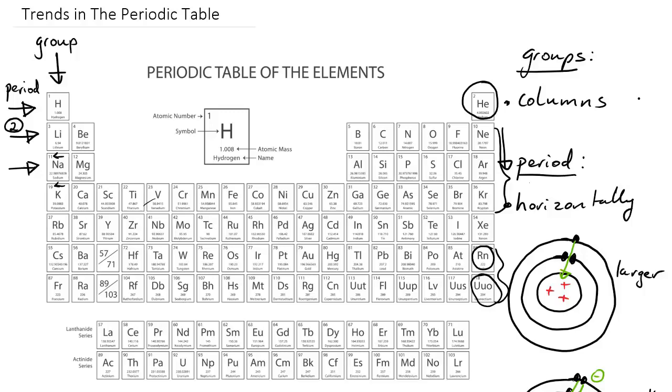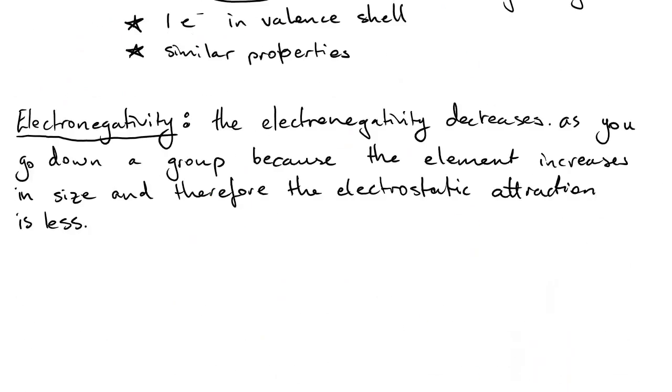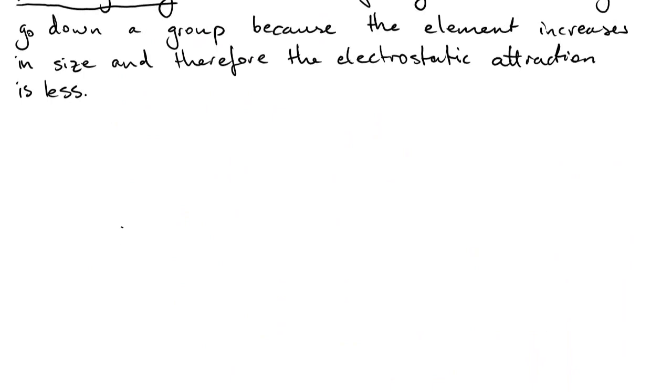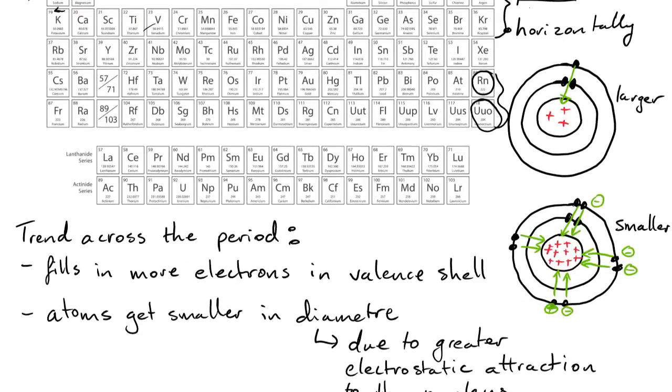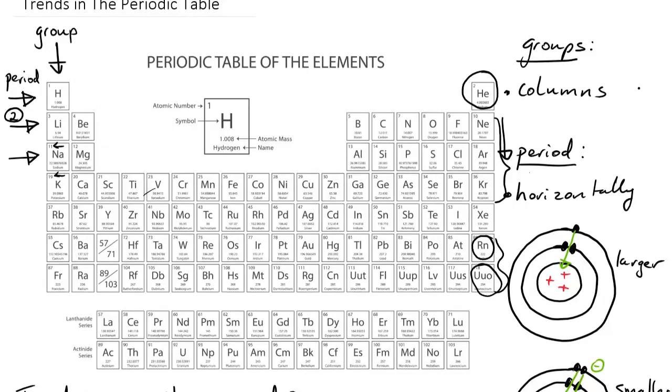So if I show you a demonstration of this, let's say we have a noble gas here, neon. And neon is in the final group, but it has only 2 electron shells, whereas xenon has 1, 2, 3, 4, 5 electron shells.